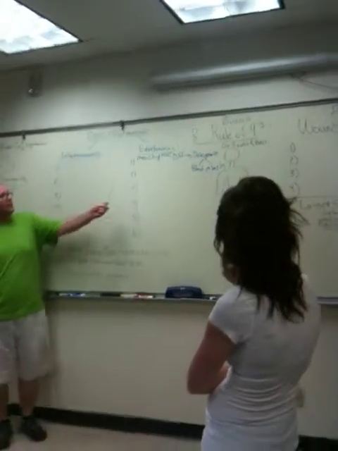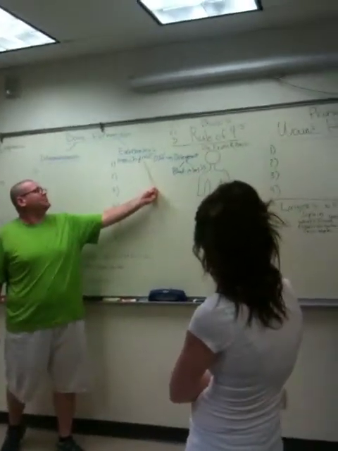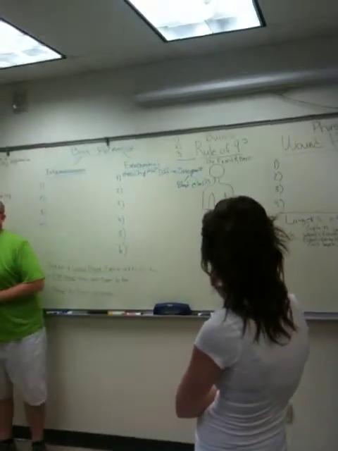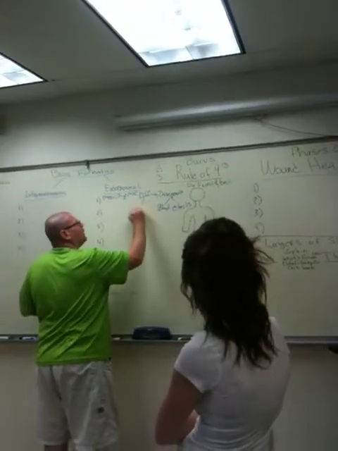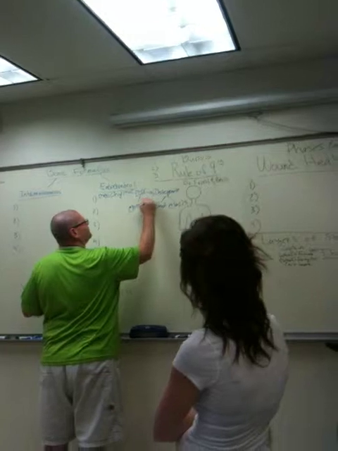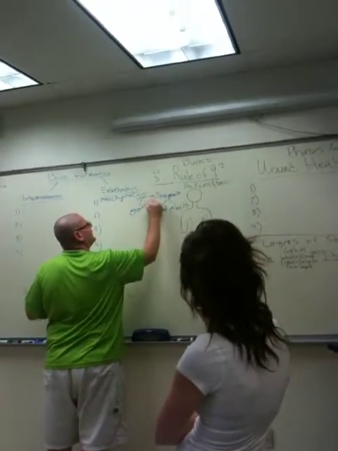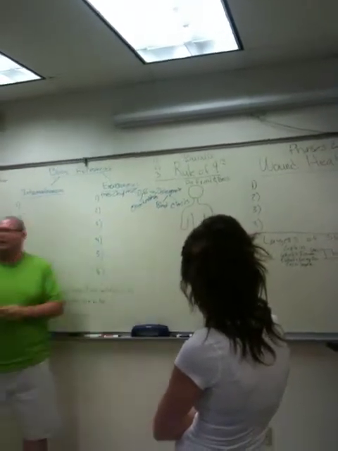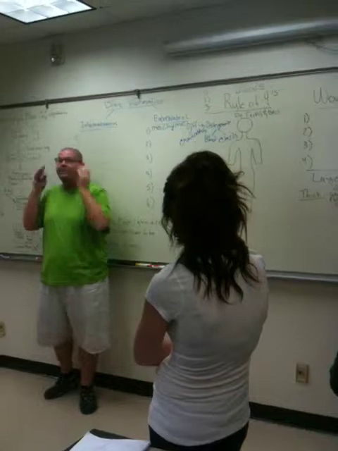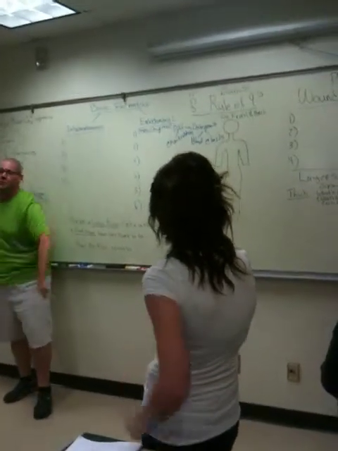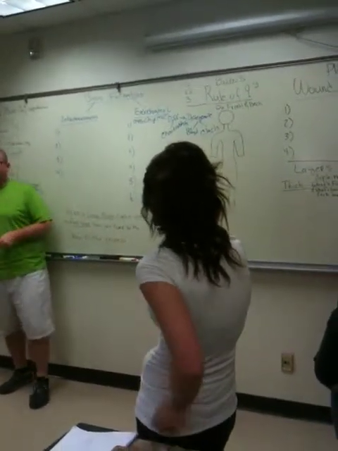Now, mesenchyme cells will also differentiate into chondroblasts, because when we go through this kind of bone modeling, ossification, we have to make a cartilaginous model first.